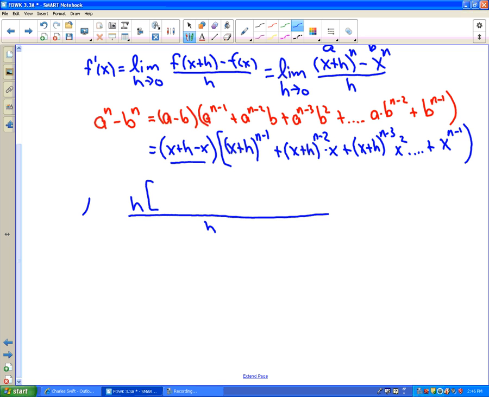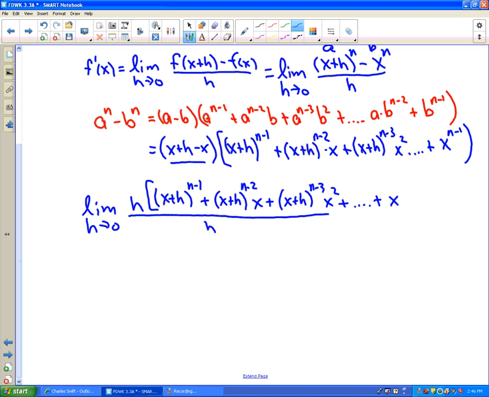And then, of course, we're going to have that expression: (x plus h) to the n minus 1, plus (x plus h) to the n minus 2 times x, plus (x plus h) to the n minus 3 times x squared, plus, and so on, x to the n minus 1 at the end.